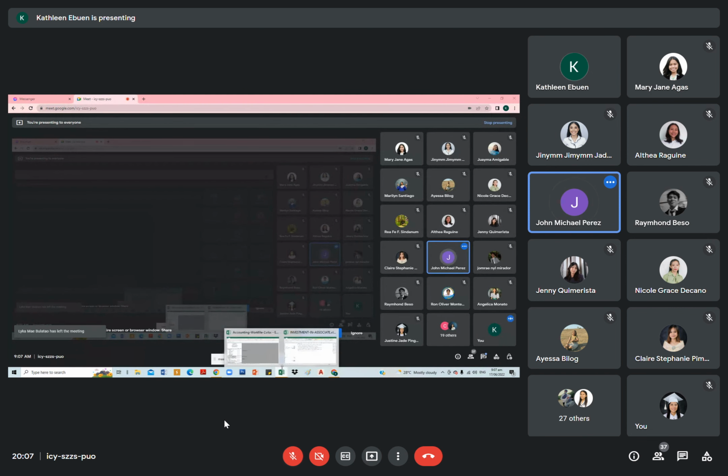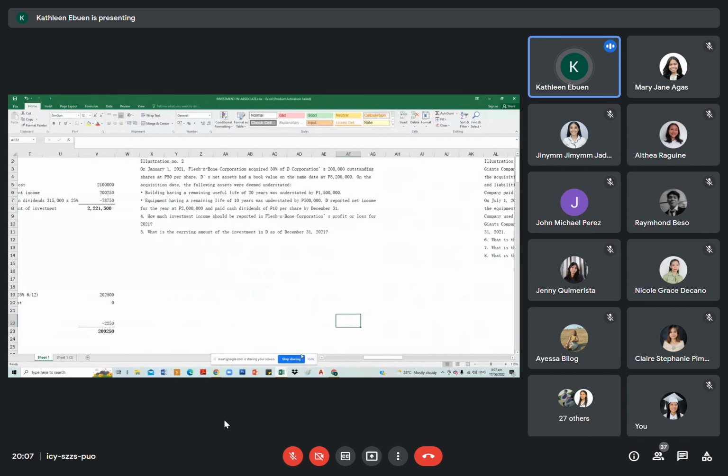562,500 po. Hindi po. Actually, kasama yun sa choices eh. So kapag nasa exam na yun, mali na kayo.